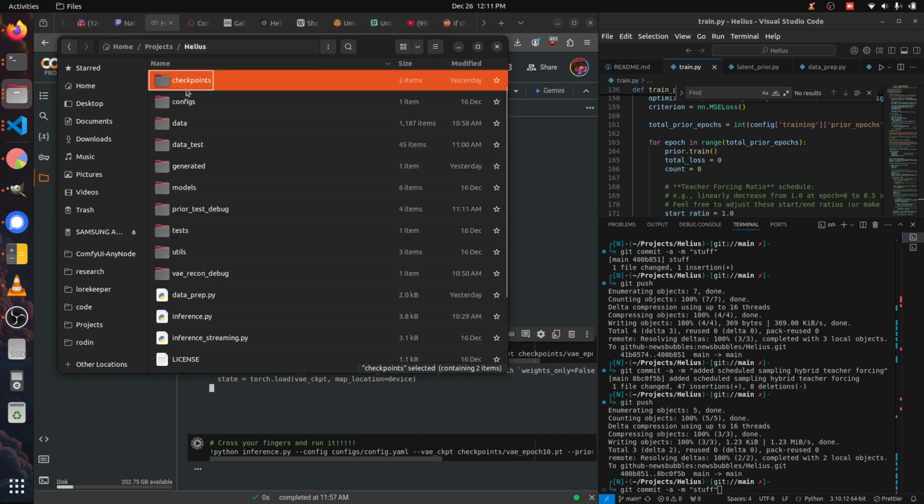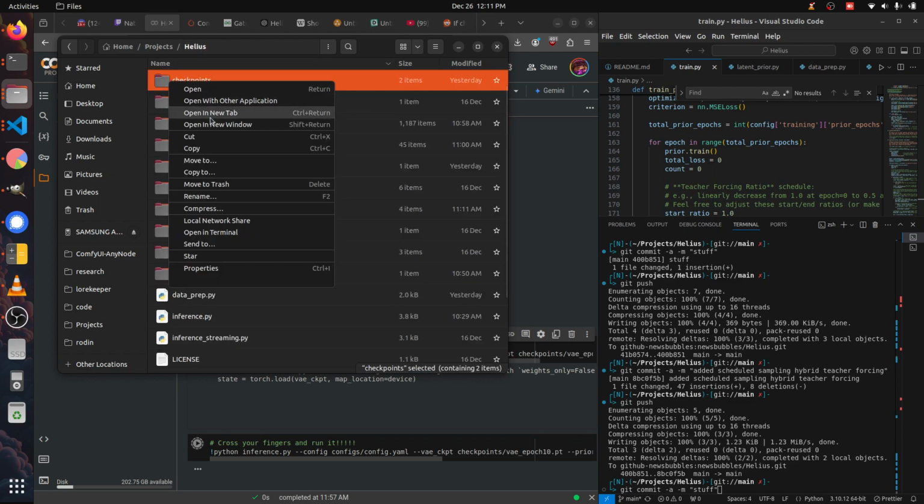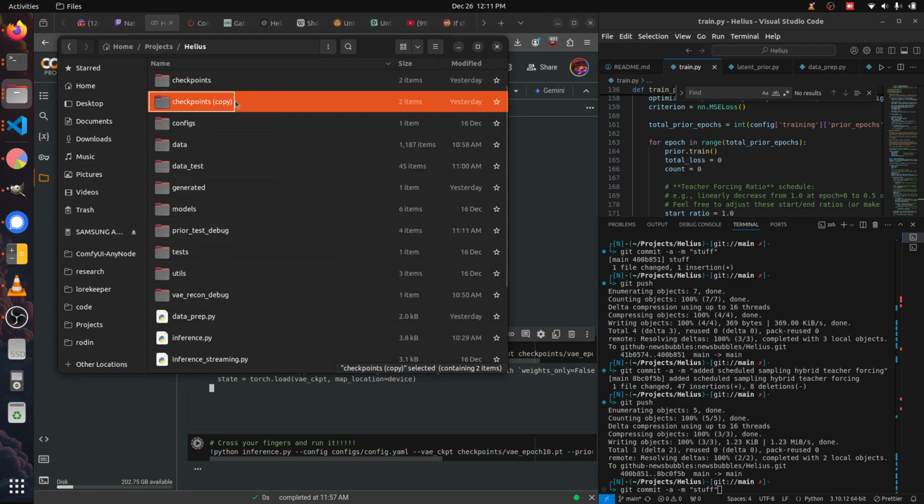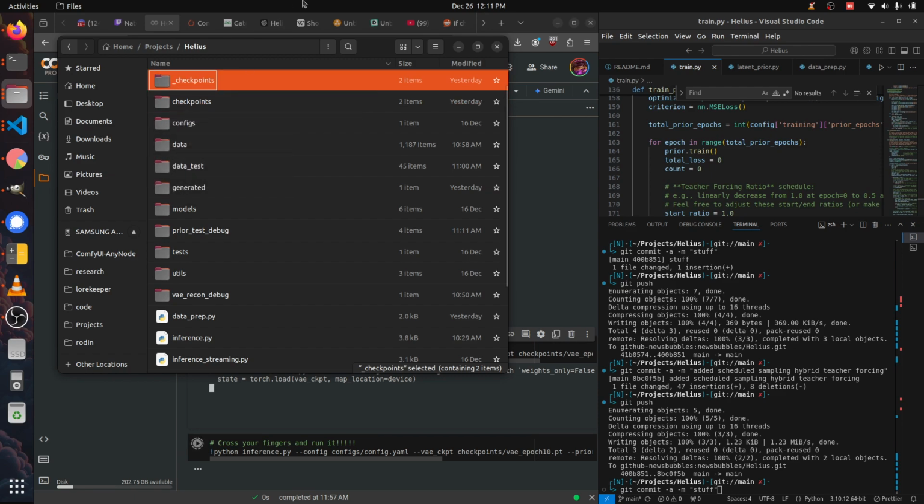Because it could very well be that my prior is actually working, because there's still a little bit of a confusion matrix going on over here. Let's copy that. And I don't like that nomenclature. I'll just put it. There we go.